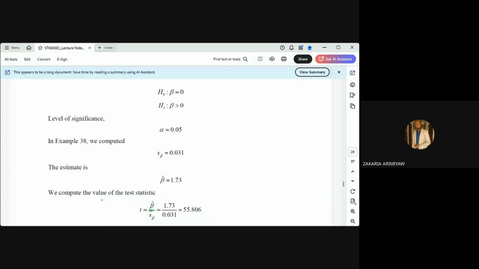We divide this by the standard error of beta cap. So this is the substitution we have made. Beta cap is found to be 1.73, and the standard error of estimate is 0.031. If we divide, we are expected to obtain 55.806. Those of you with calculators, you can check the answer. So T calculated is 55.80.